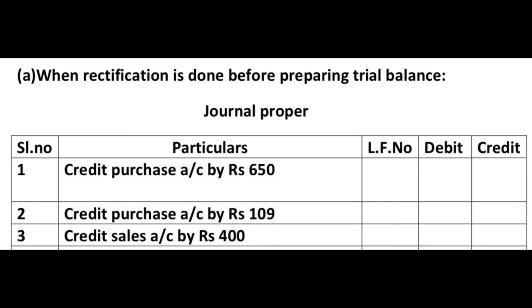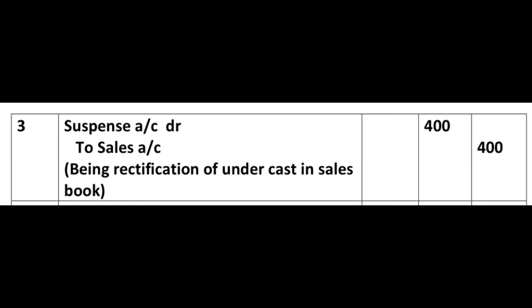A. When rectification is done before preparing trial balance, for third point, in particulars we have to write a sentence like this: Credit sales account by 400 rupees. B. When rectification is done after preparing trial balance, for third point, write down this entry: Suspense account debit to sales account 400, 400. Narration: being rectification of undercast in sales book.